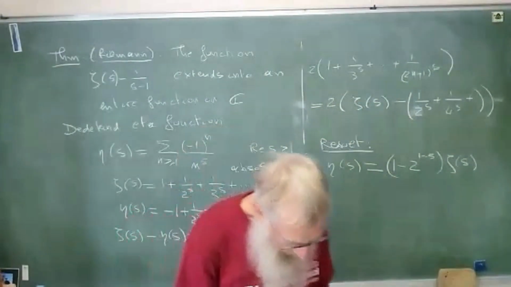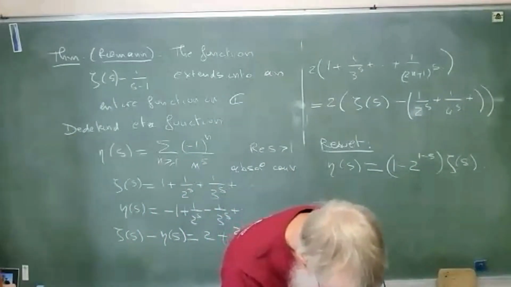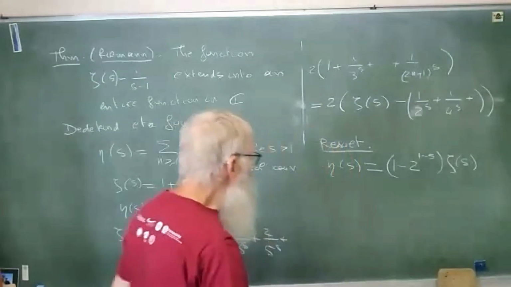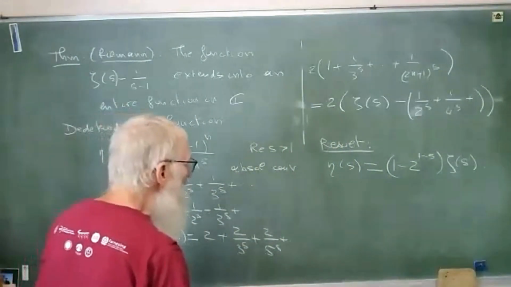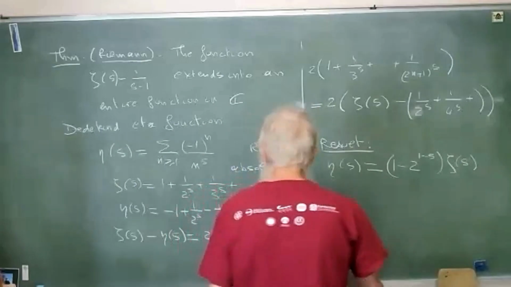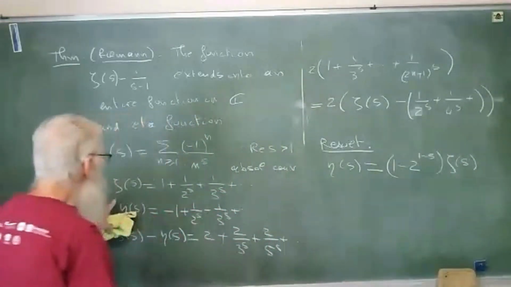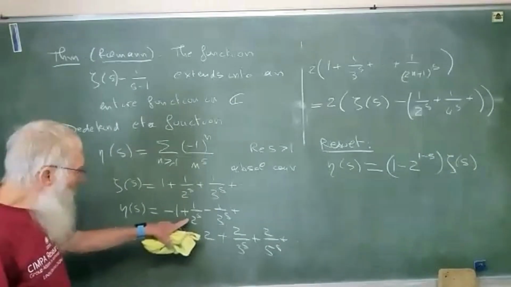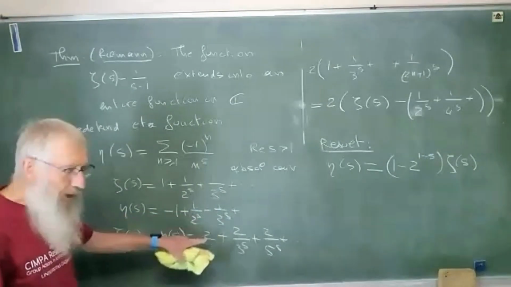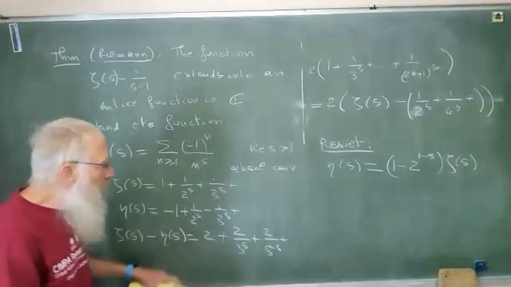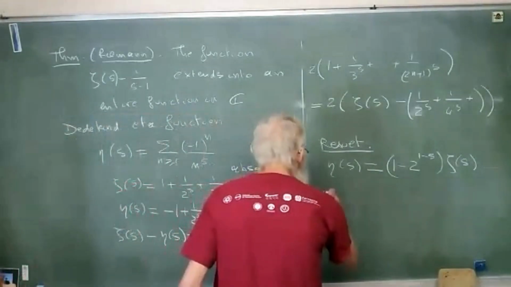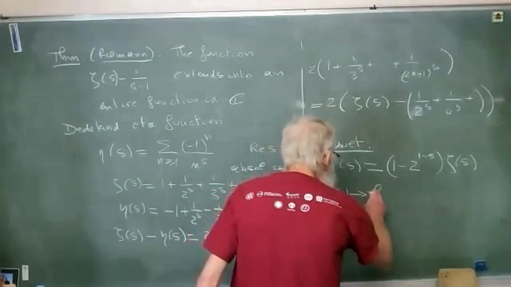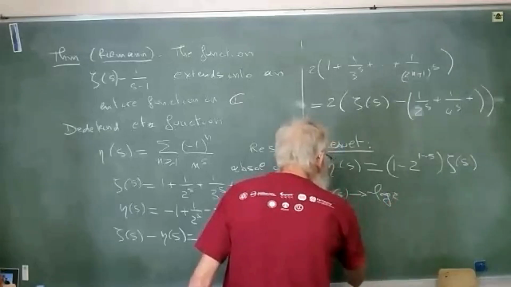Okay, so this is what gives this simple computation. What do we get if s tends to 1? If s tends to 1, we have eta of s, which has the limit minus 1 plus 1/2 minus 1/3, and we get again minus log 2. So eta of s has the limit minus log 2 as s tends to 1.